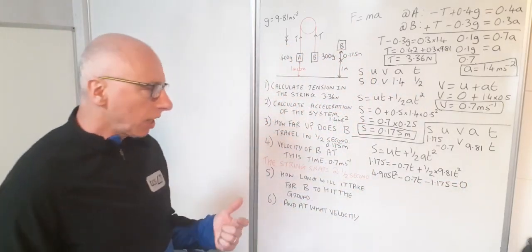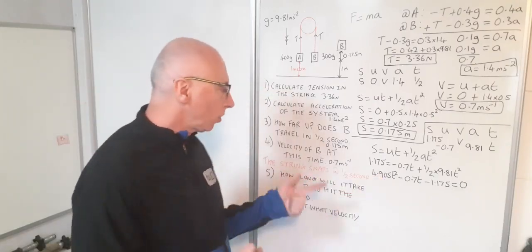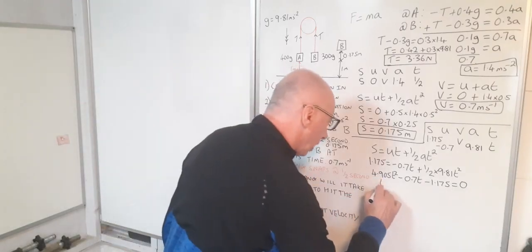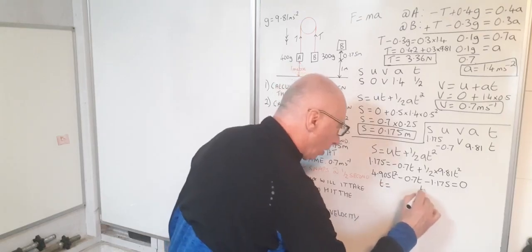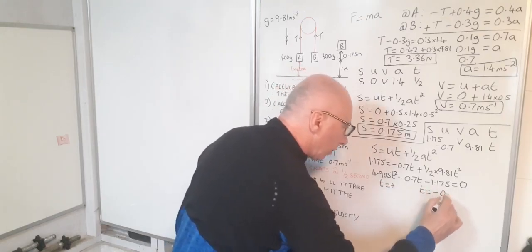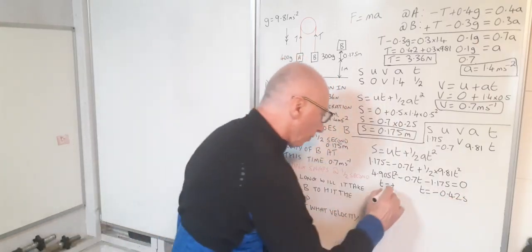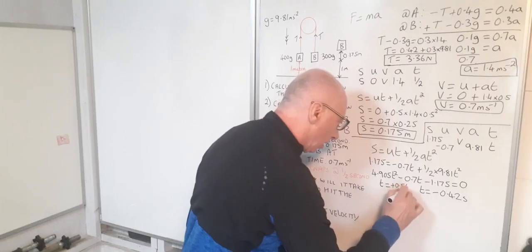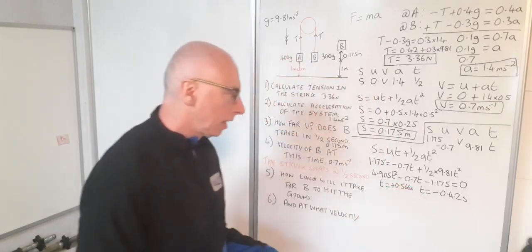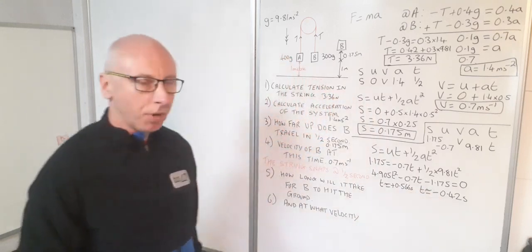So if you plug this into your calculator and solve this quadratic for T, you'll get two solutions. T is positive and a negative. You'll get negative 0.42 seconds approximately, or 0.566 seconds approximately. So I'll put a little equal sign there, as in approximately.